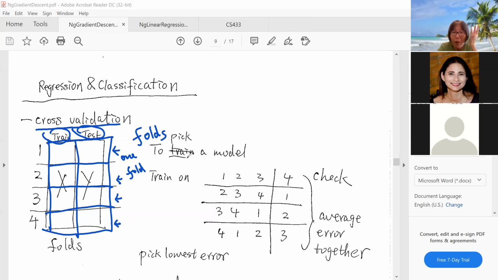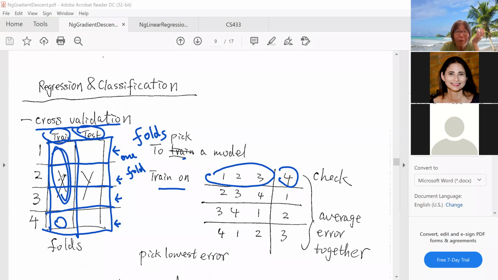And then how do we train the model? In this case, you pick the first 3 folds for the training, and then you use the last one for the testing. Next you change: 2, 3, 4 you use for training, and the first one you use for testing.